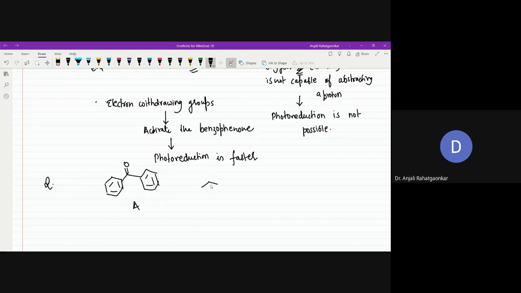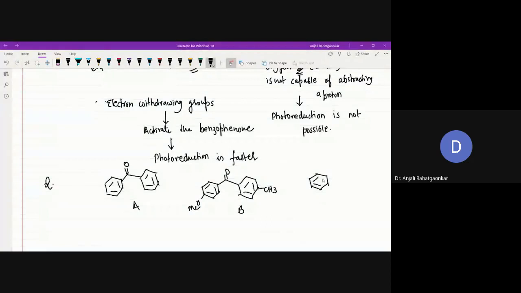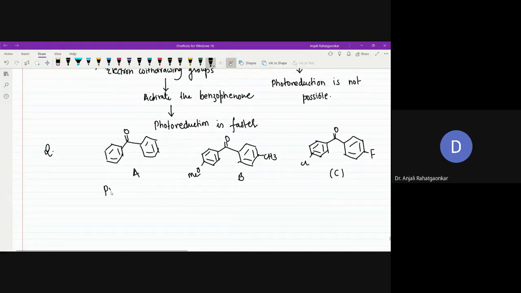This is A. This is B. And this is C. Okay, so predict the order of reactivity and justify your answer.